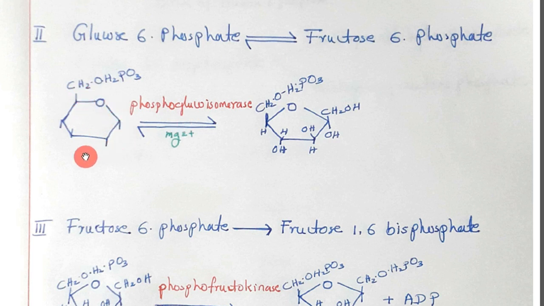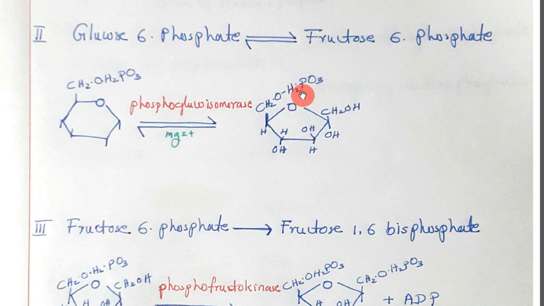Here you can see the structure of glucose. Mostly the glucose is existing in the pyranose form, whereas here it is in the furanose form. It is a ketose sugar. Fructose is a ketose sugar. Here glucose 6-phosphate is isomerized into fructose 6-phosphate.